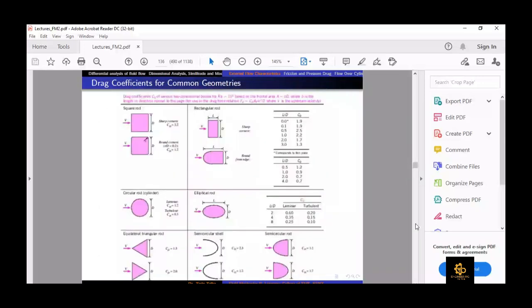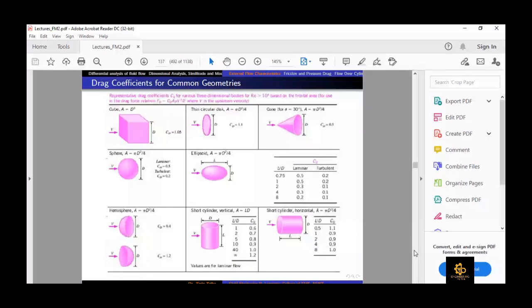Then we discussed that CD values are calculated for different kinds of geometries. Here they are on this slide: two-dimensional bodies, and certain two-dimensional and three-dimensional bodies. We can calculate CD as a function of Reynolds number, right? We can conduct numerical experiments to get the value of CD for different types of geometry, and CL as well.